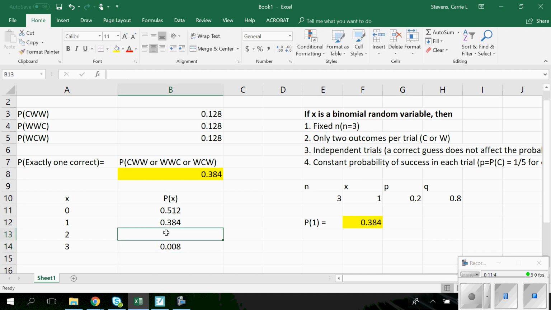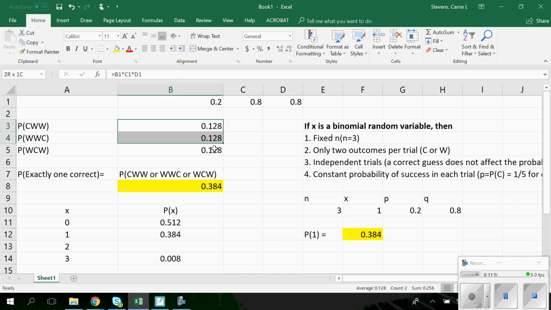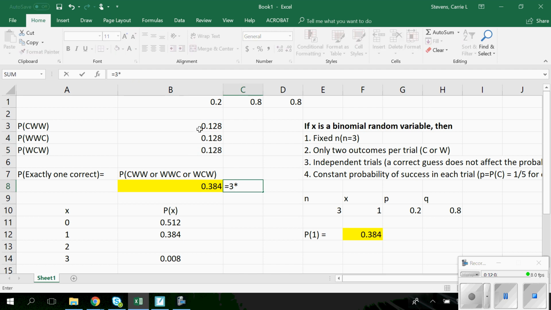And exactly 2 correct would mean that only one of them was wrong. We could do the same thing we did right here. Another thing to note is I added these up, but that's the same thing as doing 3 times just one of those, right?